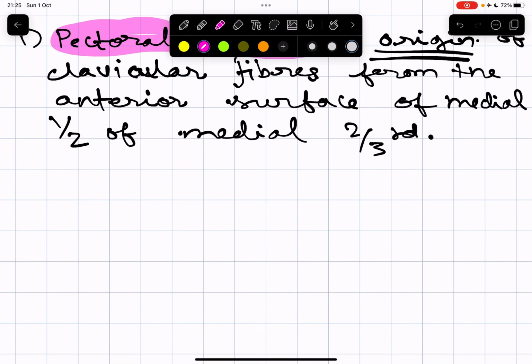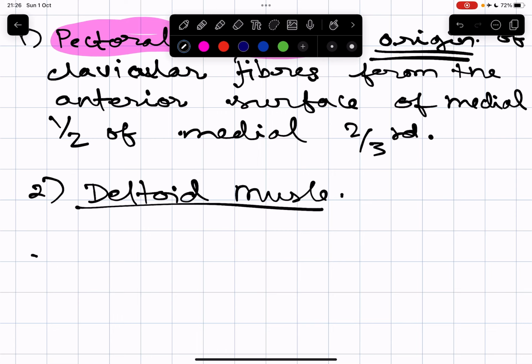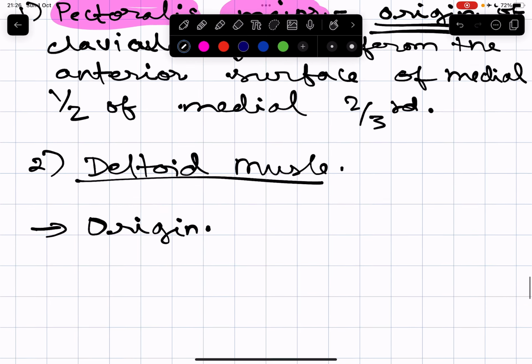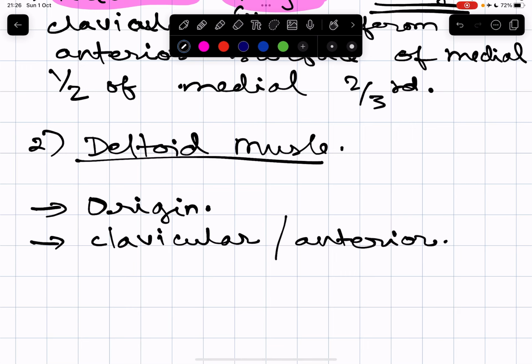So that's number one. Number two is the deltoid muscle. So the deltoid muscle is actually taking origin or insertion? Origin. Which fibers? It is the clavicular fibers, also known as the anterior fibers, of which muscle? Deltoid muscle.